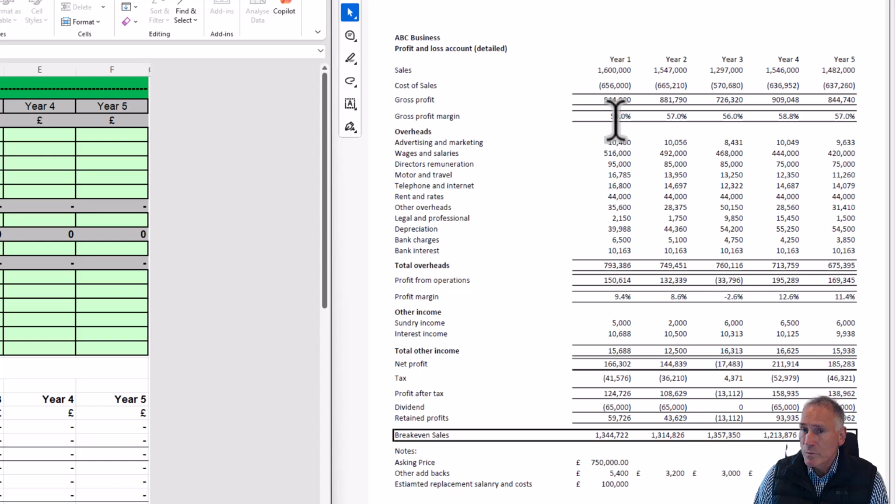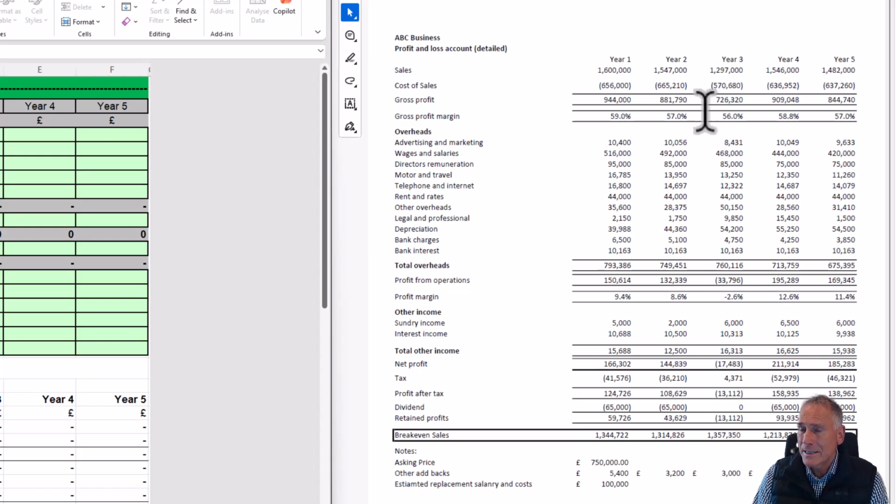So if you've got the most recent year, let's say the year ended in 2024, or it could have gone into 2025, let's say the year end was December. So the year ended 31st of December 2024 will be year 1, and year 2 will be 31st of December 2023. To get the information for the previous year and so on, you'd have to get the previous year's accounts.